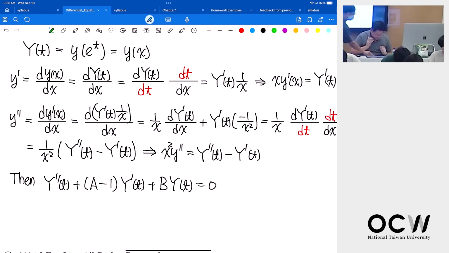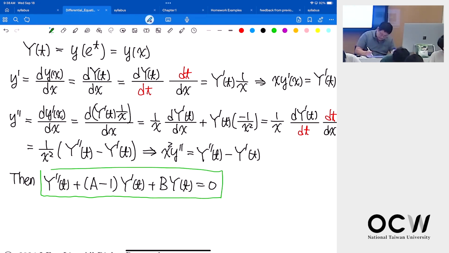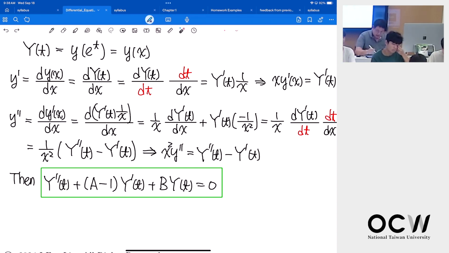Now you can see that this new equation is a constant coefficient, linear, second order differential equation. And then the solution will be either two different exponentials, or an exponential and x times the same exponential, or the exponential times cosine and the exponential times sine.